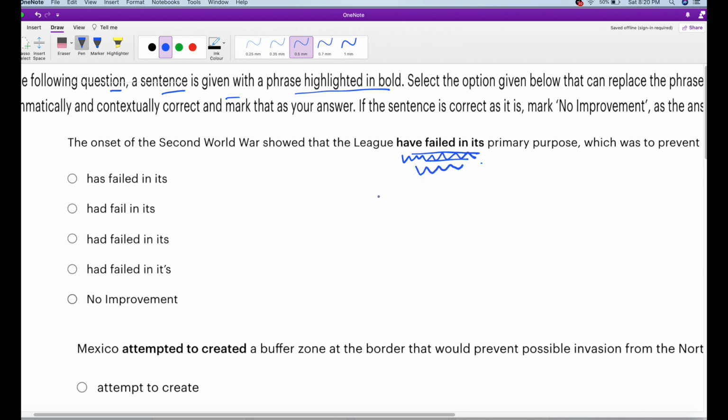If you find this phrase to be incorrect, please find out the correct one from the options. But if you find this phrase to be correct, then mark the last option no improvement. So in these types of questions, you have to look for grammatical errors.